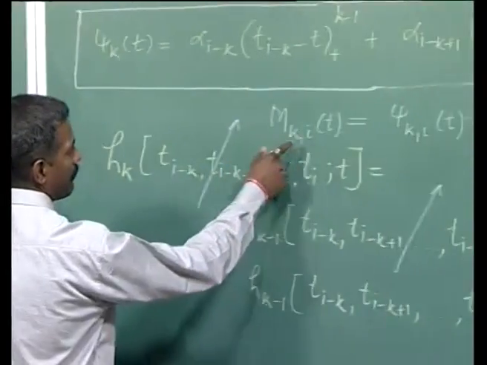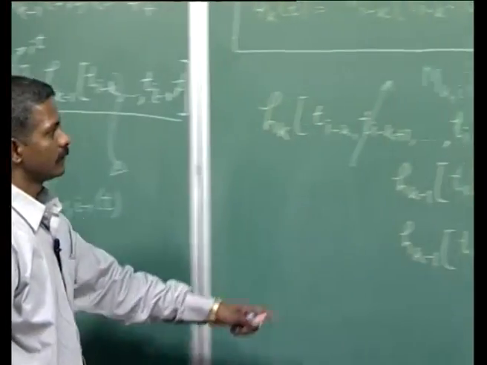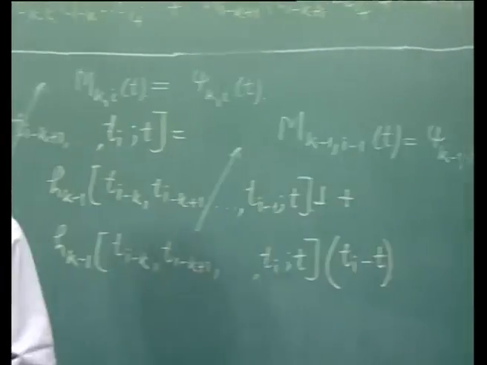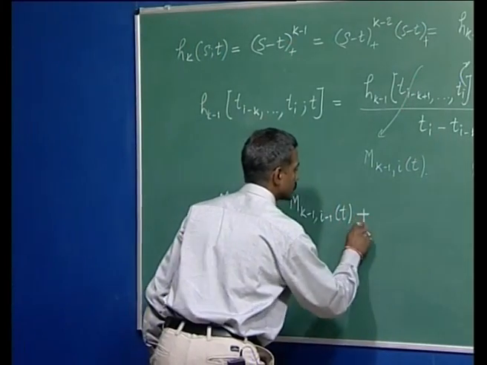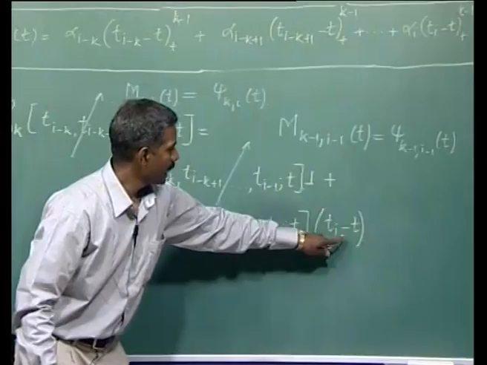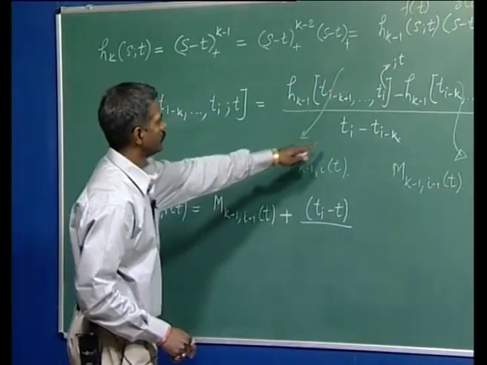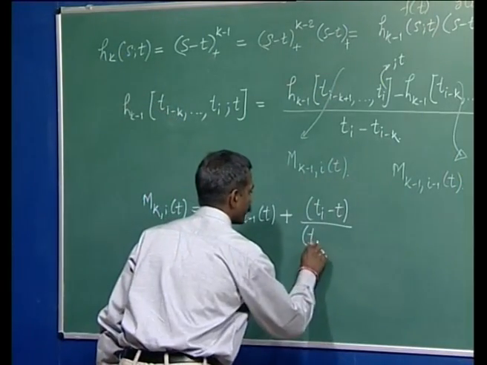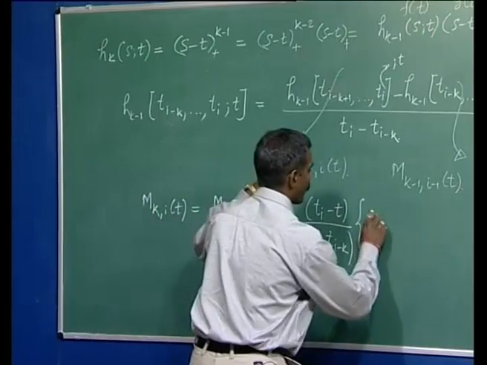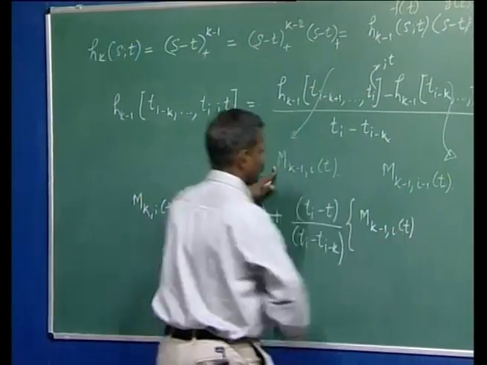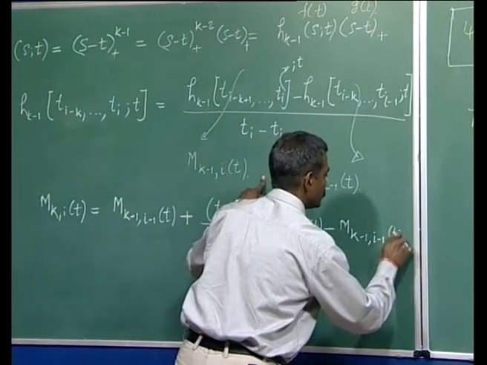So I start with M_{k,i}(t) equals M_{k-1,i-1}(t) plus (t_i minus t) over (t_i minus t_{i-k}) times [M_{k-1,i}(t) minus M_{k-1,i-1}(t)].